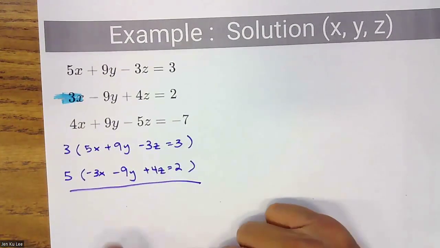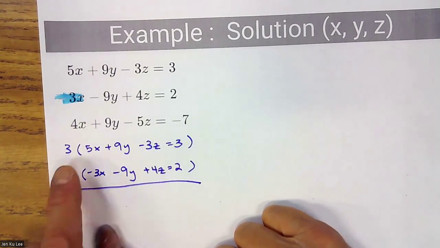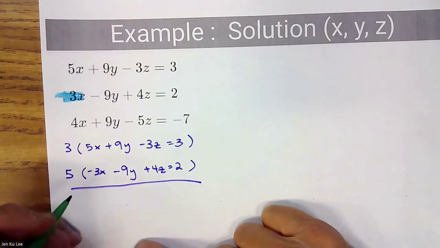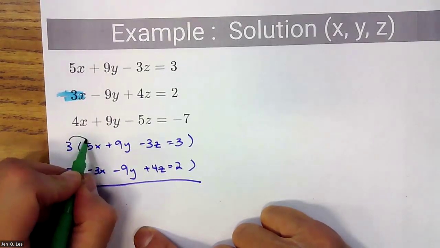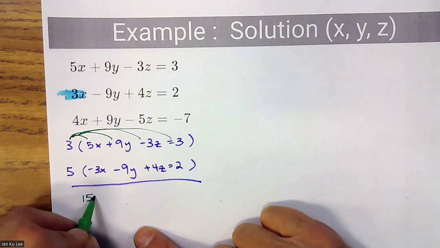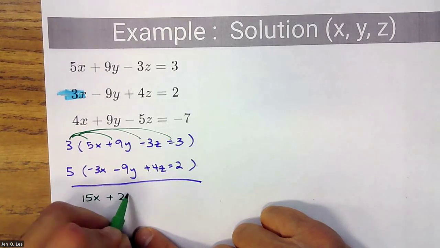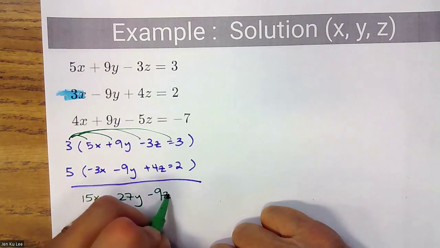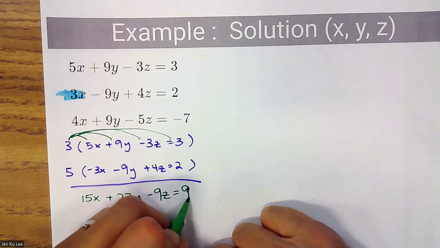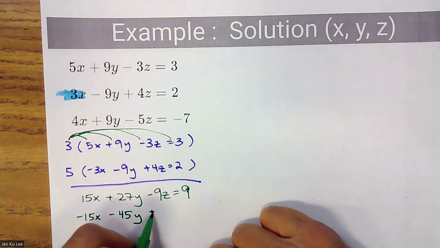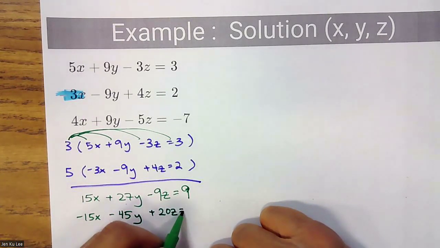Right? So that way I can have positive 15x and negative 15x, and the x's would cancel out. So if I do that math, if I distribute out the 3, I would get 15x plus 27y minus 9z equals 9. And I have negative 15x minus 45y plus 20z equals 10.